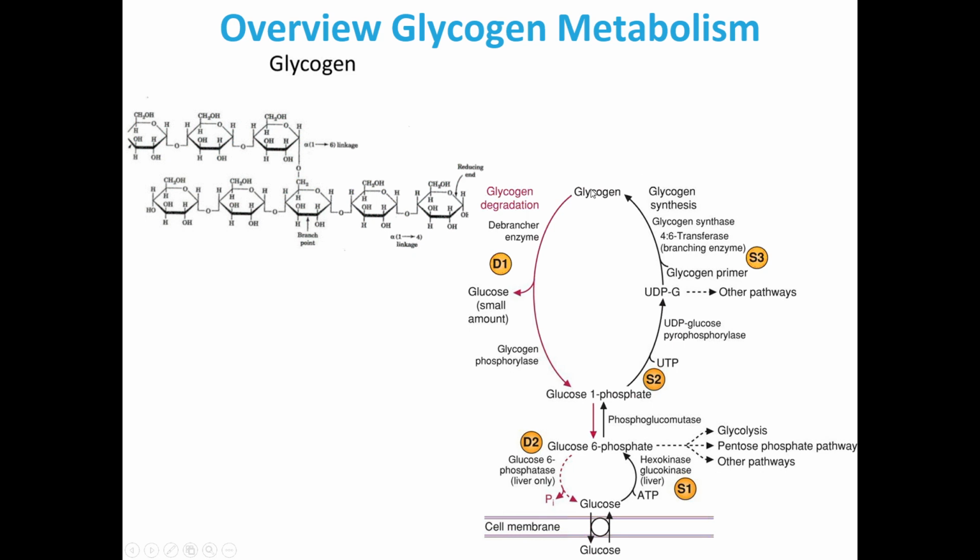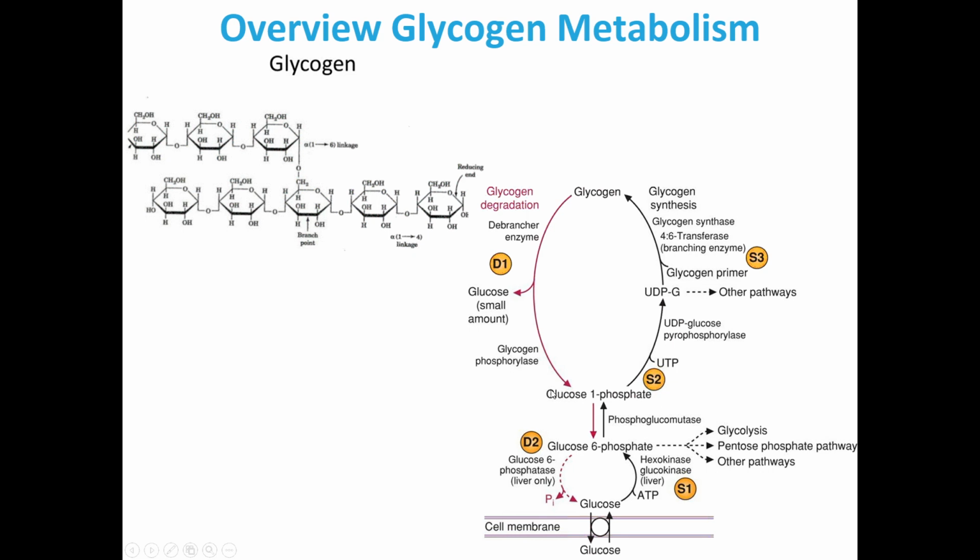To break down glycogen, we need an enzyme known as glycogen phosphorylase. Glycogen phosphorylase is activated by glucagon. Glycogen phosphorylase breaks off one glucose monomer from glycogen at a time in the form of glucose 1-phosphate.